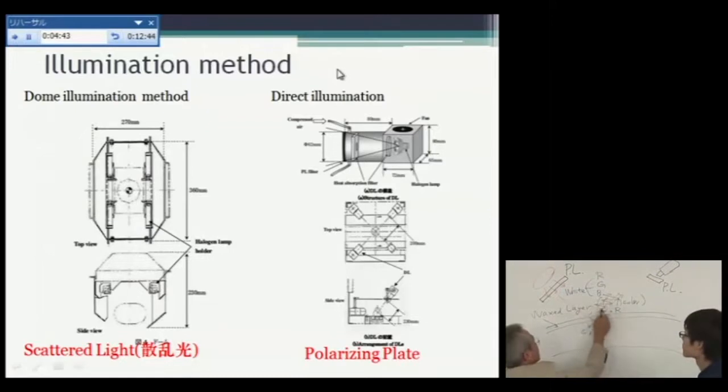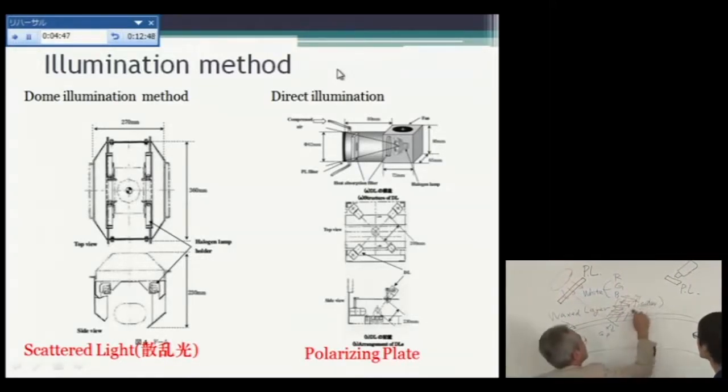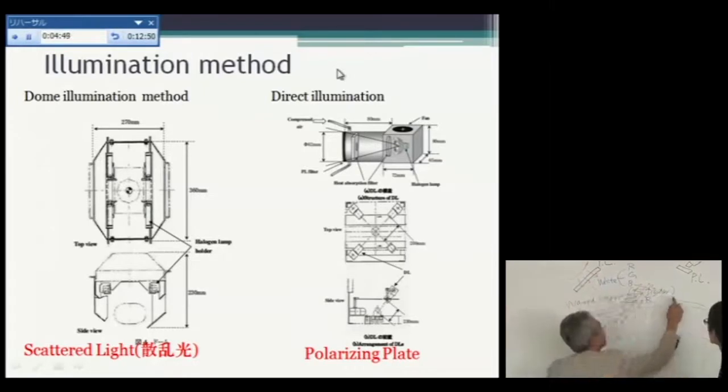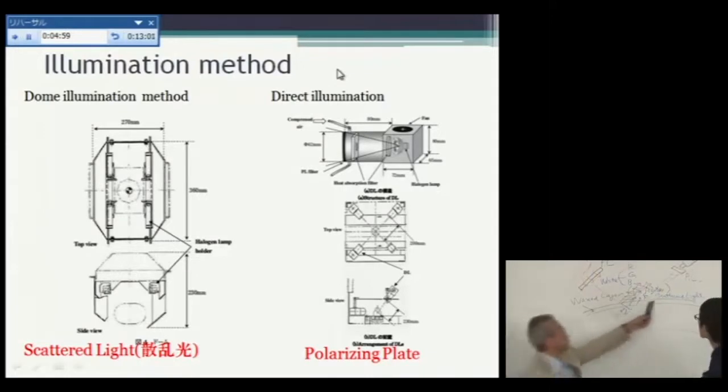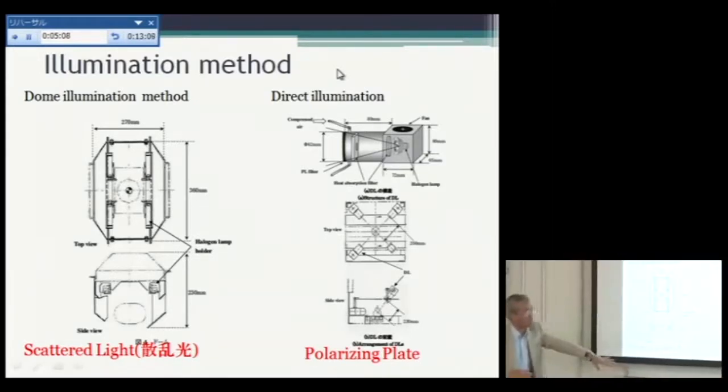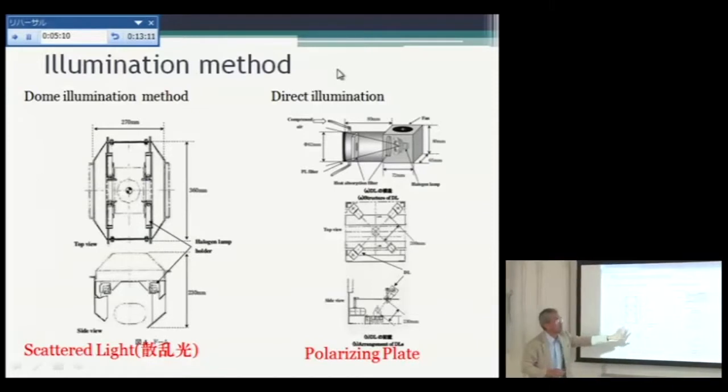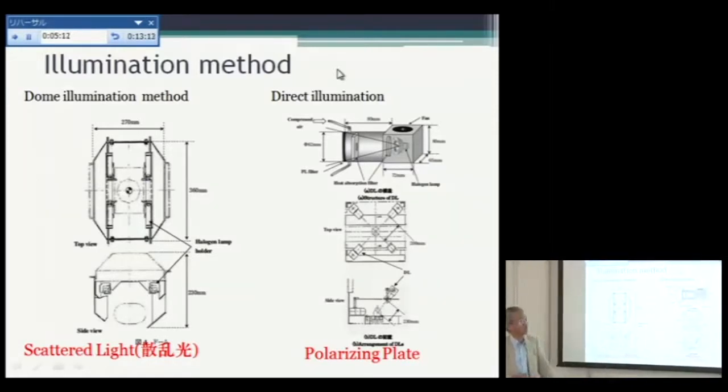Then you can eliminate this. Only the scattered light comes in. That is the true color. Only reddish color enters in. This whitish, very strong light will be blocked by the polarizing filter. Okay, that is the story, the difference between them.